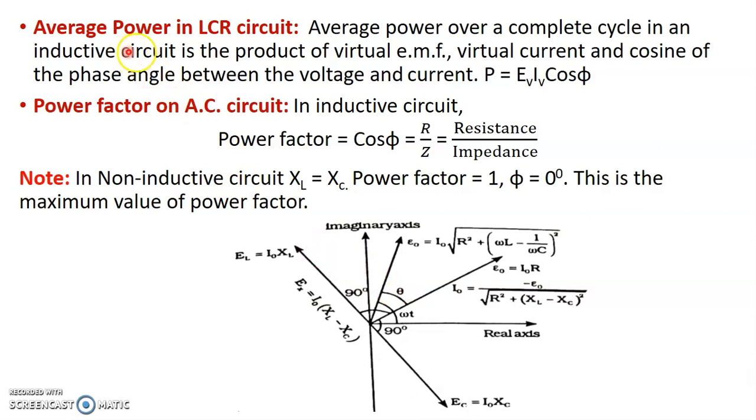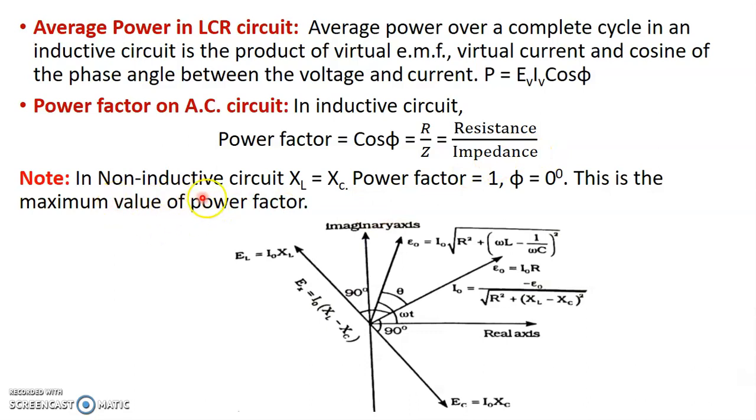The average power in an LCR circuit is defined as the product of virtual EMF, virtual current, and cos phi. The power factor of an AC circuit is given by cos phi, which is equal to R over Z, resistance over impedance.